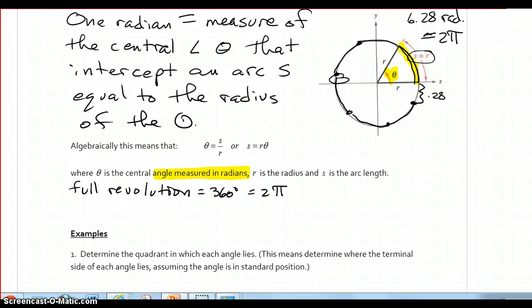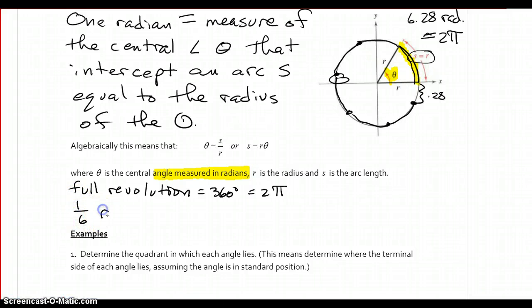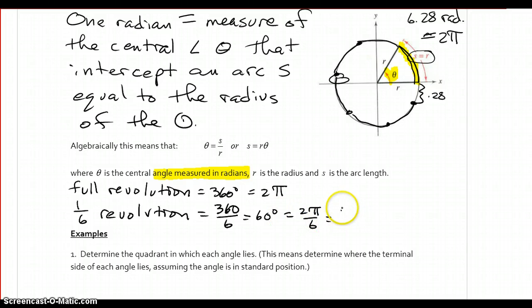If we wanted to find out, for example, what 1/6 of a revolution is, that would be 360 divided by 6, which is 60 degrees, or 2 pi divided by 6, or pi over 3.